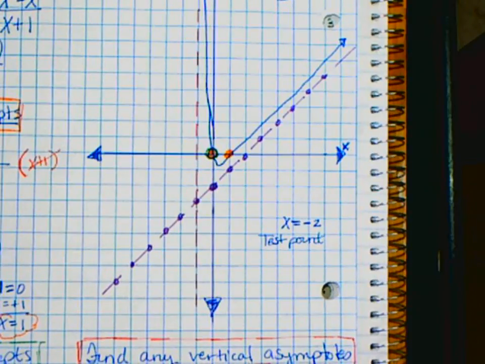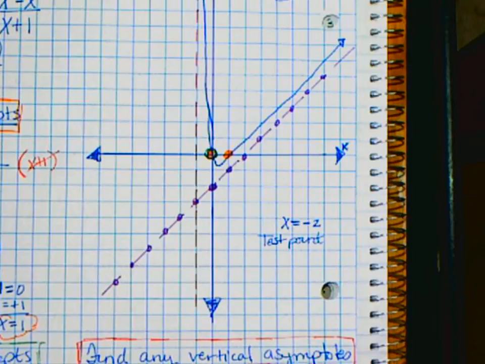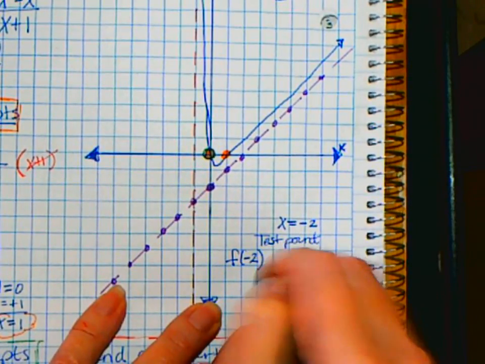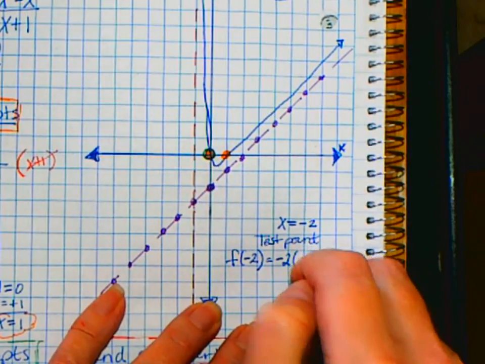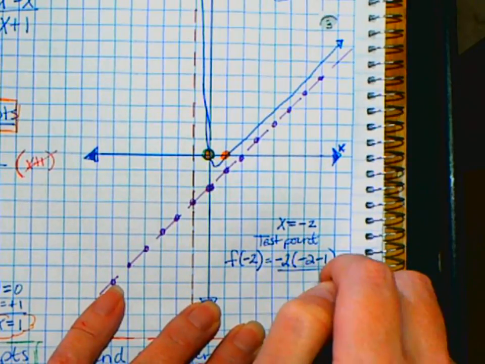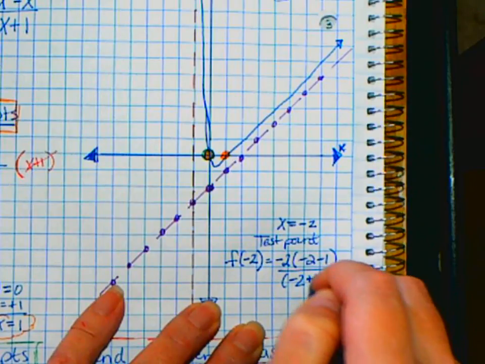You can plug that into the standard form that it was given to you or the factored form. I like the factored form. So I'm going to find f of negative 2. Negative 2 times negative 2 minus 1, all divided by negative 2 plus 1. Careful of your order of operations.